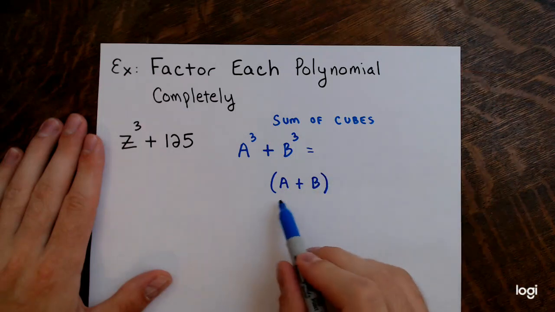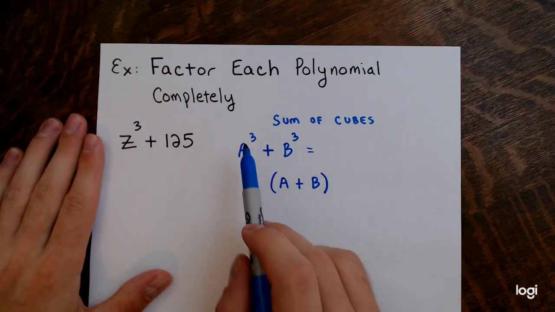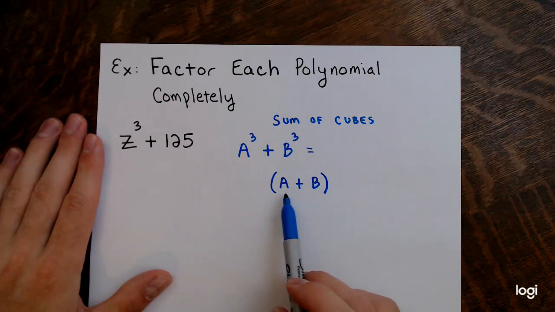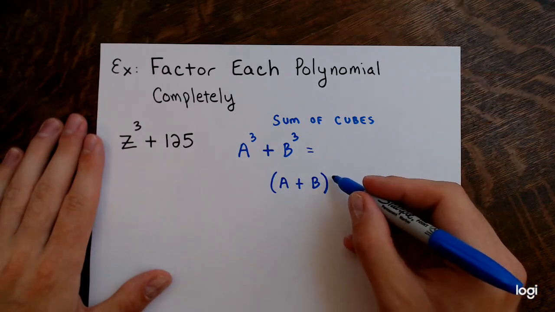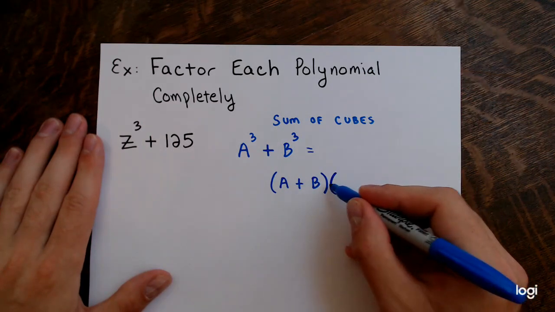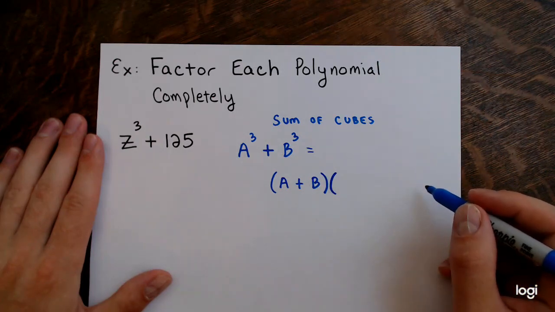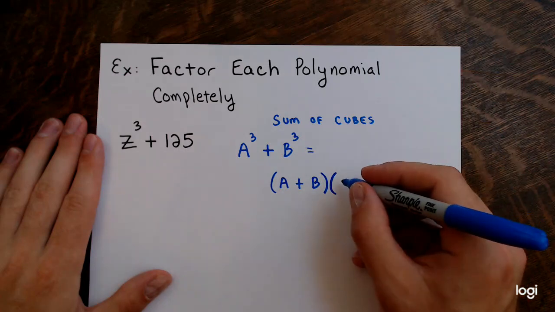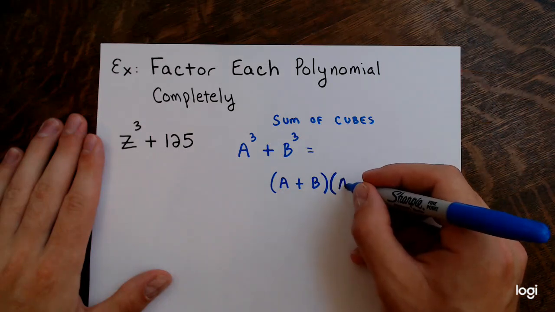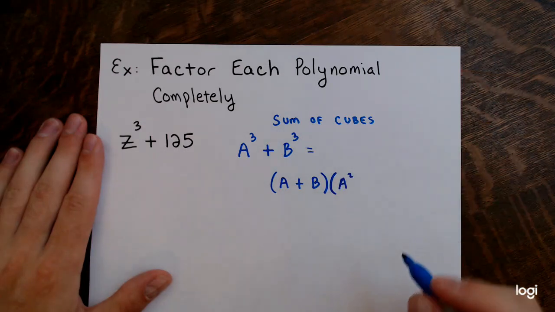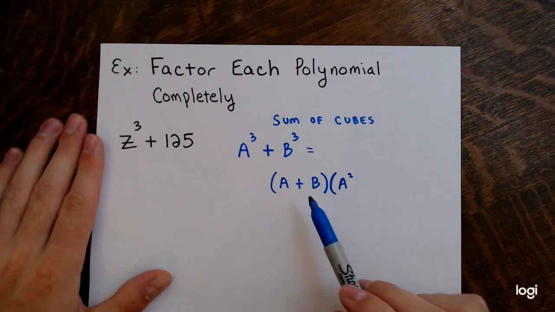Alright, so in this first factor I would say it's very simply just get rid of the cubes, right? It's just a plus b. And then another factor, times, and in the next factor you have a trinomial, 3 terms, that starts off with a squared. Again, think about what we're doing here: reversing multiplication.